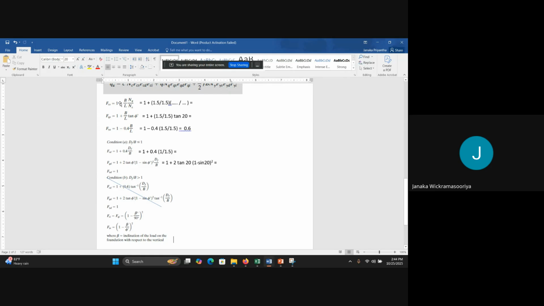Then this FCS, you can find using this equation, and please tell me the values. Since DF over B is less than 1, with DF being 1 and B being 1.5, you should use condition A, not condition B. Right? Please tell me these values.